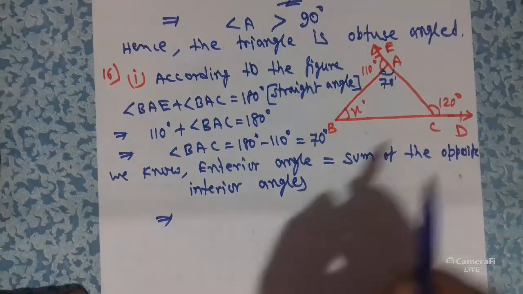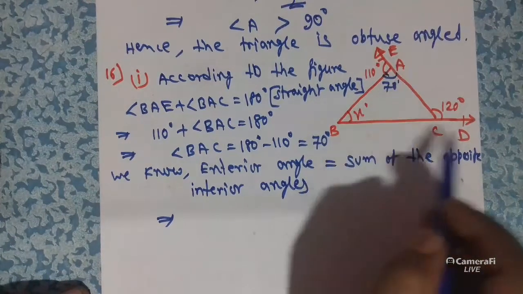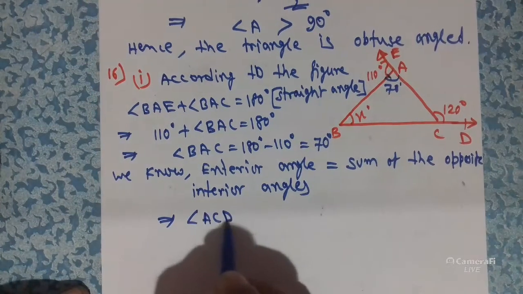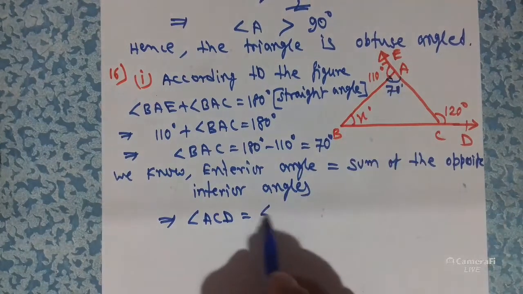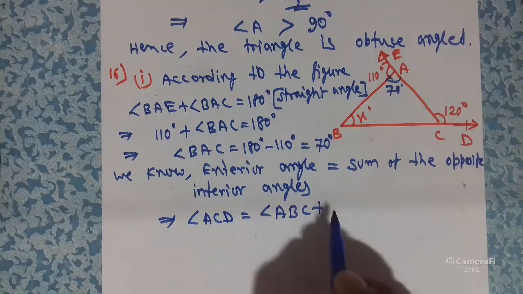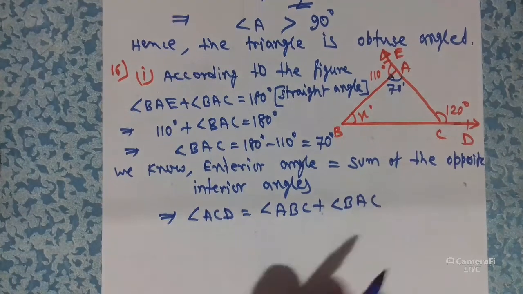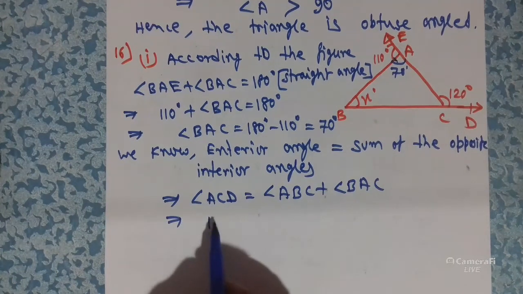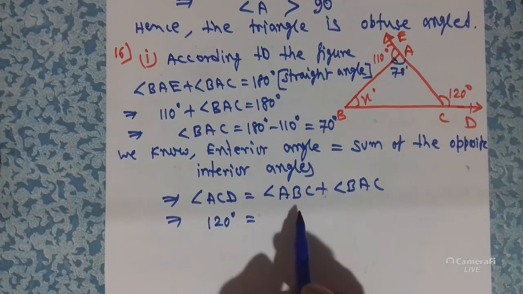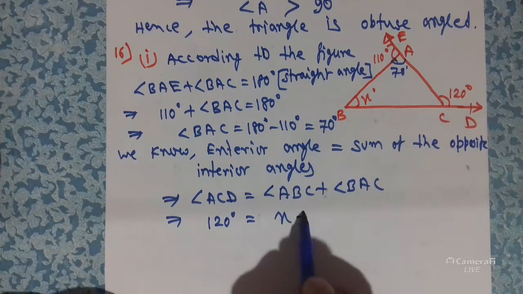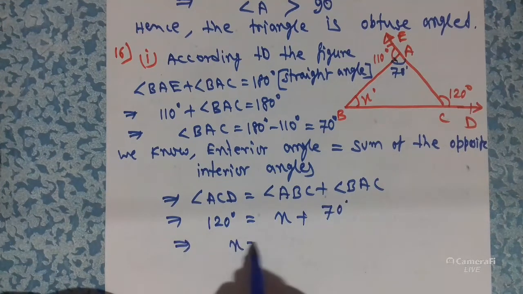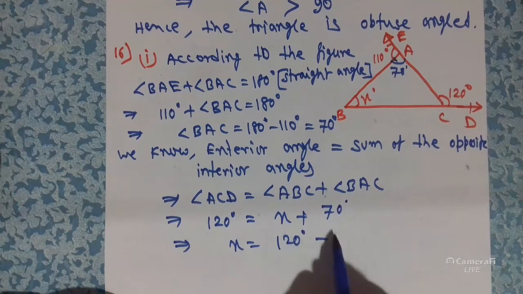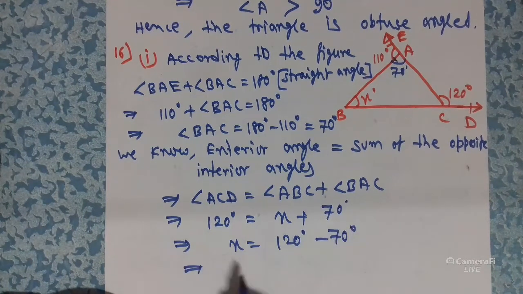Here the exterior angle is ACD, and the opposite interior angles are BAC and ABC. So angle ACD is 120 degrees, ABC is x and BAC is 70 degrees. So x is equal to 120 minus 70. So the value of x is 50 degrees.